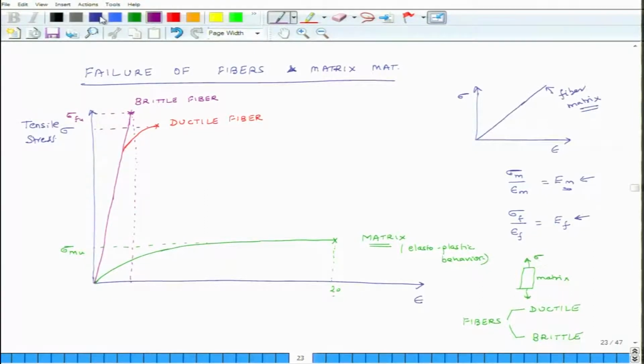In contrast, the failure strain of matrix is significantly higher than that of fibers. So, fibers fail at very high stress levels, but low strains, matrix fails at very high strain levels, but at low stress levels. This is important to understand.